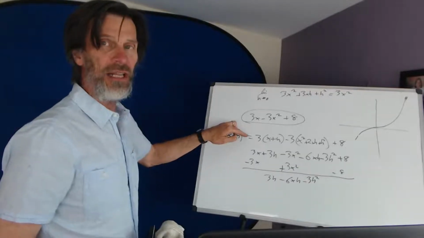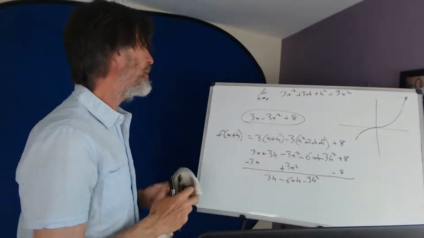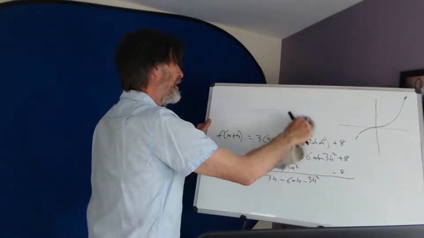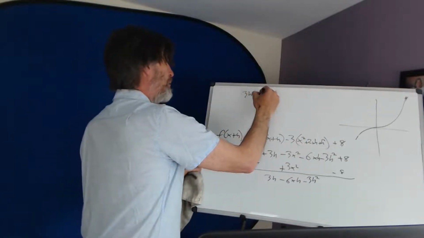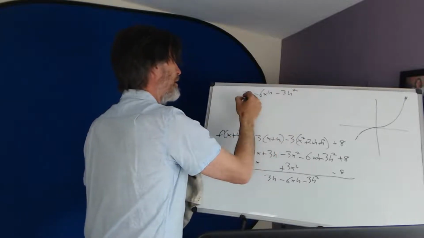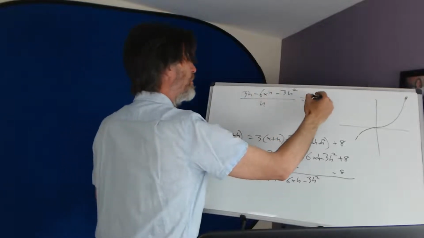I've taken my original, calculated f of x plus h, subtracted my original from it. Now my third step is to take this function I just got and divide it by h. So 3h minus 6xh minus 3h squared over h. Notice an h is in each of the terms.